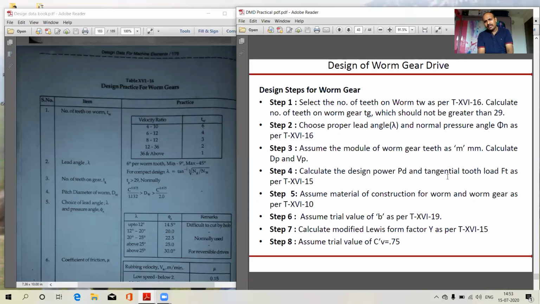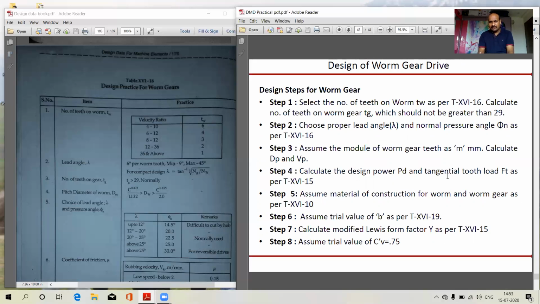Basically, the circular pitch, the distance between two successive teeth, can be calculated by the perimeter of the circle, pi d, divided by the number of teeth formed on that wheel or gear.